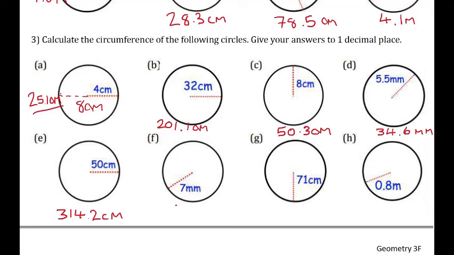So this gives us 43 point, actually that's going to be 44.0 when we round that, millimeters. If we double 71, we get 142. That's 446.1. And finally, if we double 0.8, we get 1.6, and 1.6 pi is 5.0 meters.